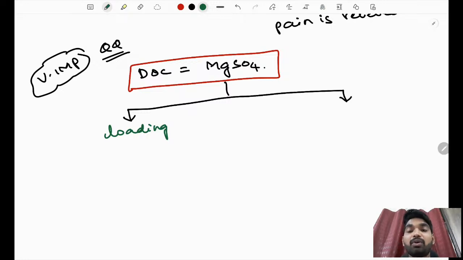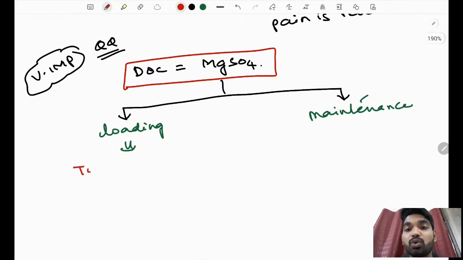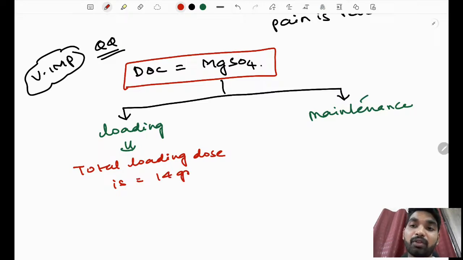Here you have a loading dose and a maintenance dose. No confusions, my dears. The total loading dose is 14 grams.